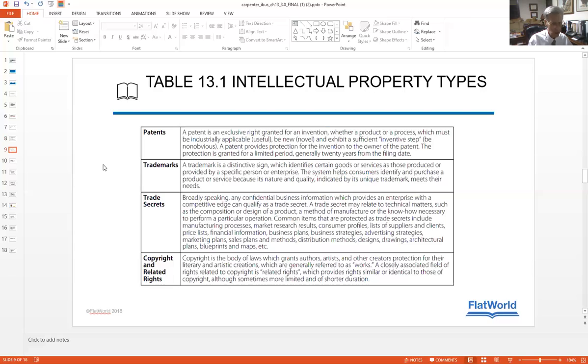So when companies have success in developing new products, new methods, new techniques, new substances, and so forth, corporations will want to protect their rights to that knowledge, and the law provides for them to acquire that protection of intellectual property, which comes in these four basic categories of patents, trademarks, trade secrets, and copyrights, and frankly, several other categories.